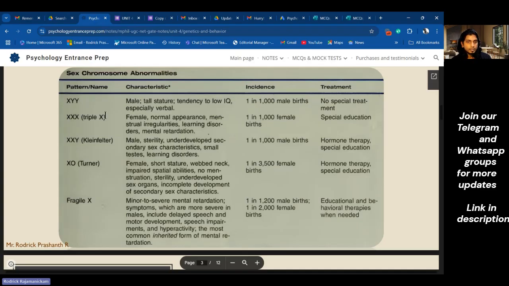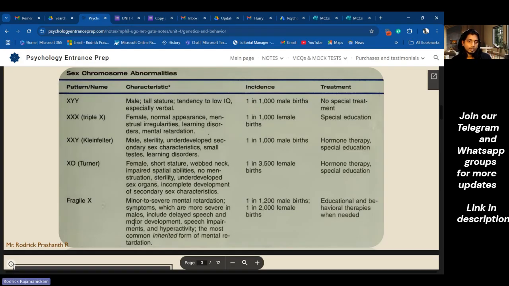We have triple X, where they may not require much hormonal replacement. Klinefelters may also not require hormonal replacement, but they may have issues related to secondary sexual characteristics. It is Turner syndrome and Fragile X. Oh, sorry, it's only mostly Turner syndrome, which may require significant hormonal therapy because of sterility.